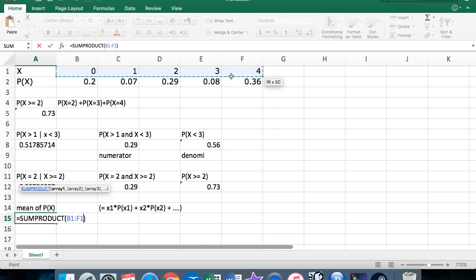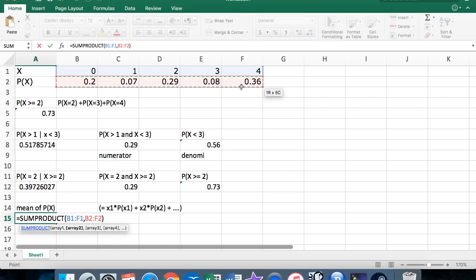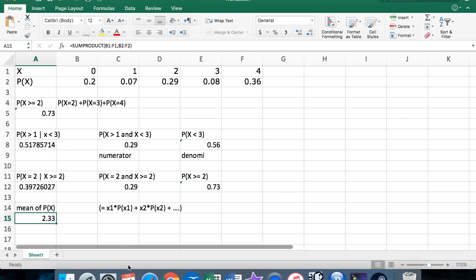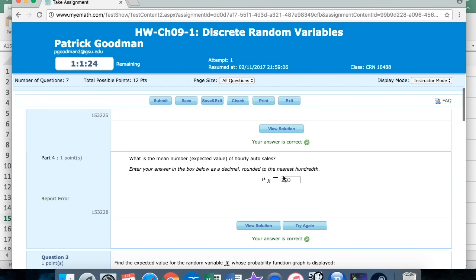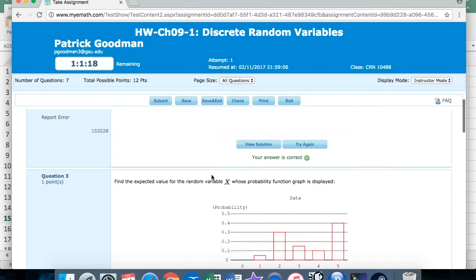So you select all of your x, comma, all of your corresponding probabilities of x. Enter and you get 2.33. That is the mean. So sum product does this by itself. You don't have to worry about doing anything with it. And then there you go, 2.33. So that's how you find your mean.